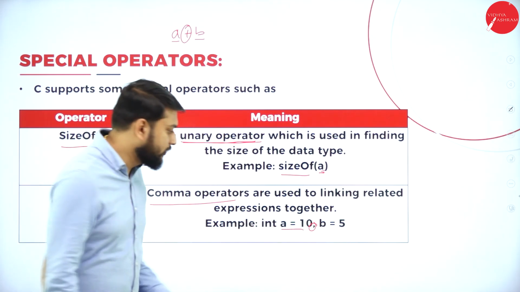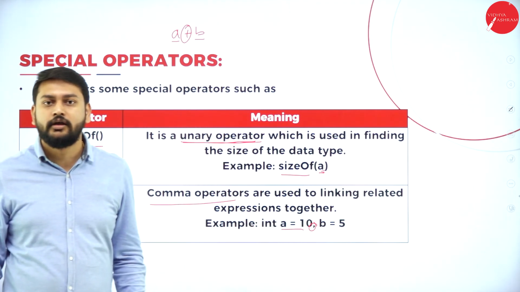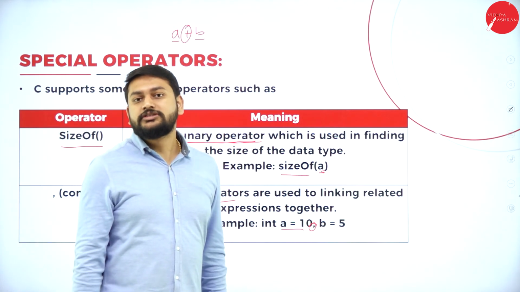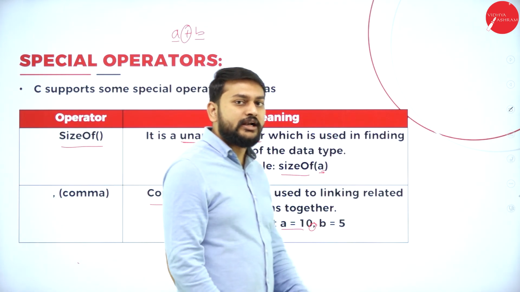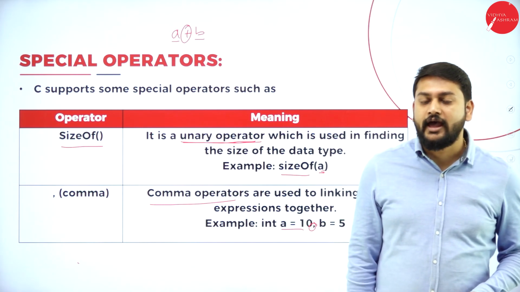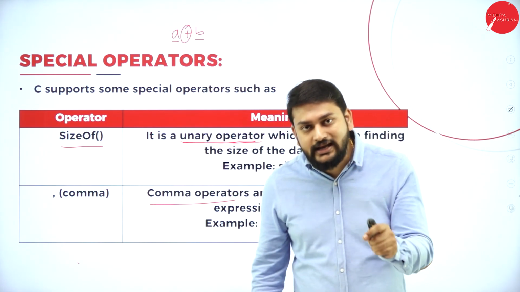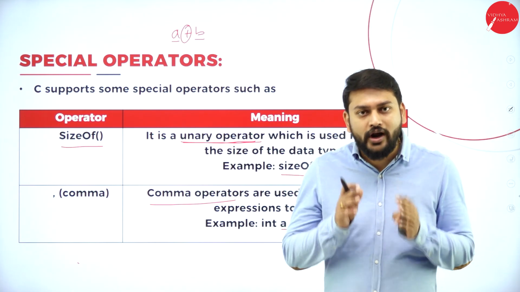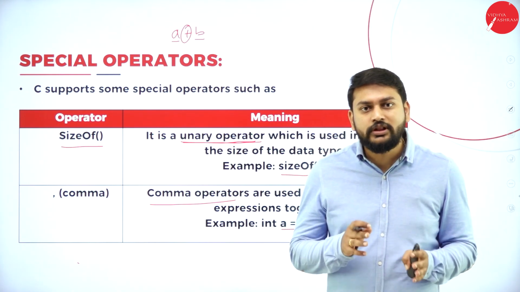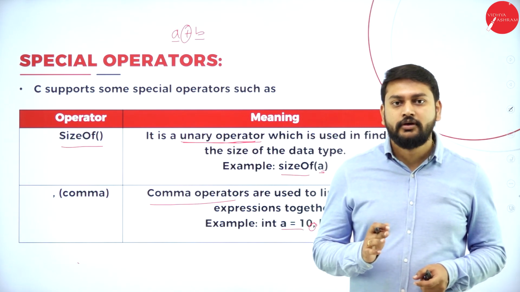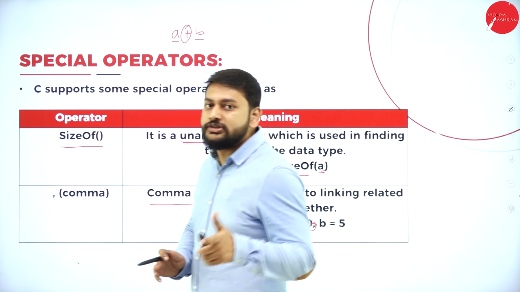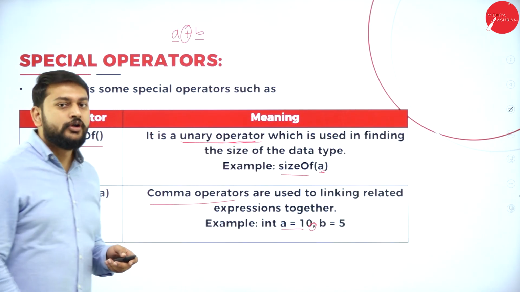So how do I separate? With the help of this comma separator. That is a special operator that we have. When will I use this comma? When I am separating one object or one variable or one element from another element of the same type. Only then will I use the comma. So that's what you need to remember.